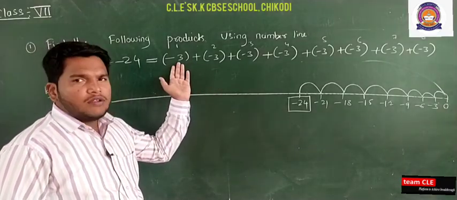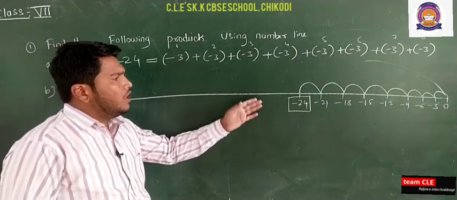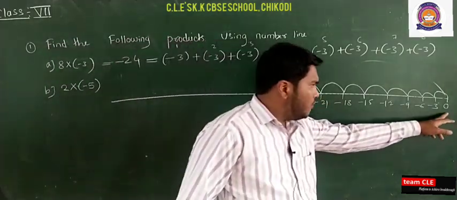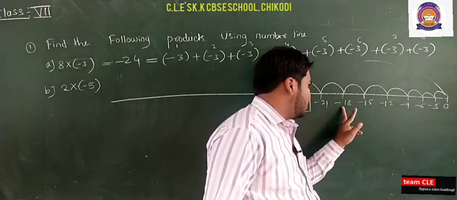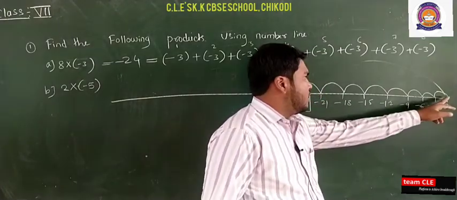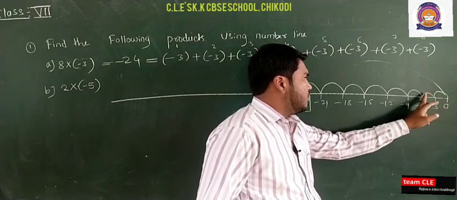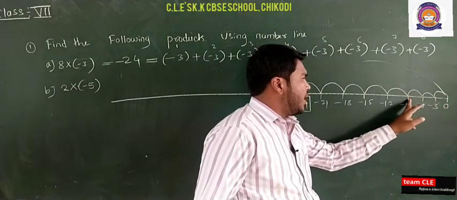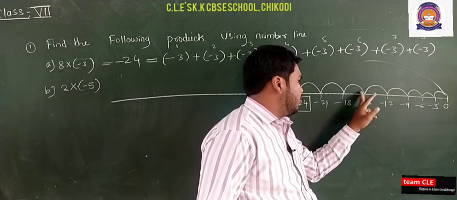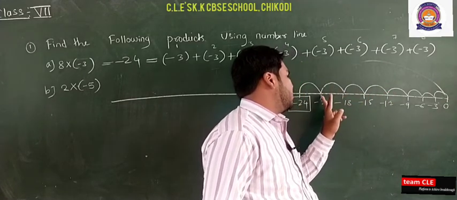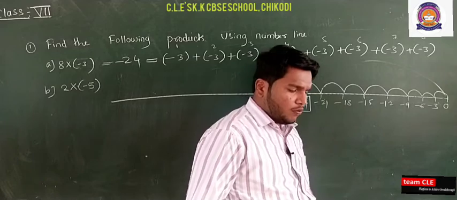So here it is written 8 times minus 3, and choose the 3 table: 0 to minus 3, minus 3 to minus 6, minus 6 to minus 9, minus 9 to minus 12, minus 12 to minus 15, minus 15 to minus 18, minus 18 to minus 21, then minus 24.